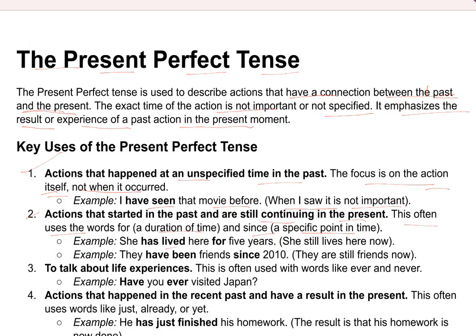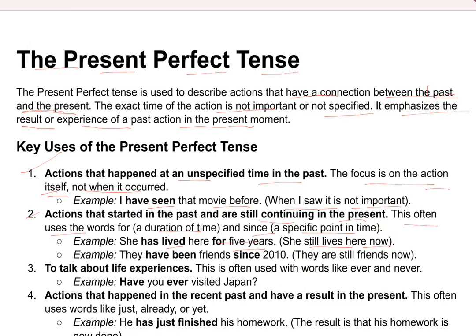In this use, what is important is a specific point in time or a duration. Example, she has lived here for 5 years. Here the time mentioned is 5 years. She still lives here now, which means she has lived here for 5 years and also still lives here now.